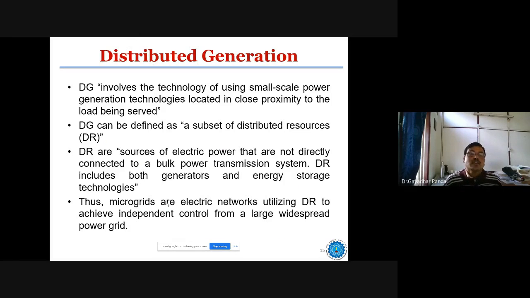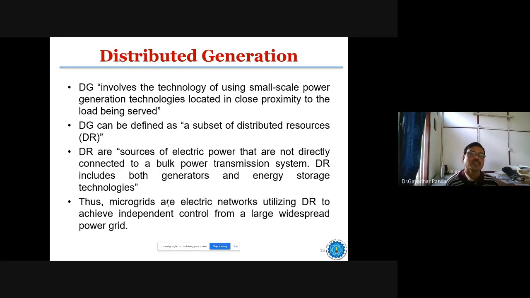The next is distributed generation. All of us know these are small generating units, mainly connected in the distribution network, at the load center. They are subsets of distributed resources.